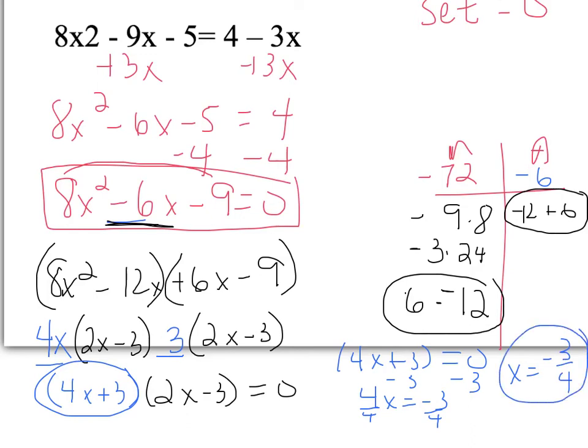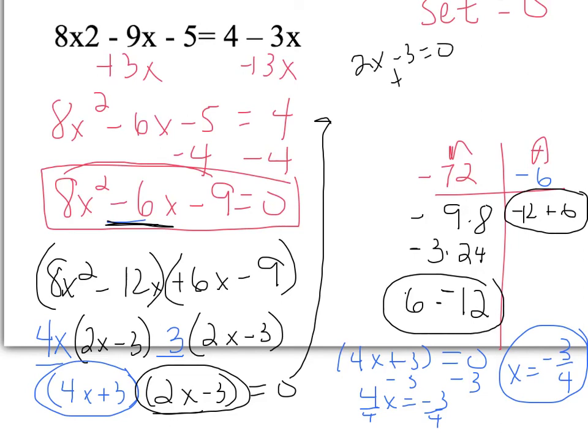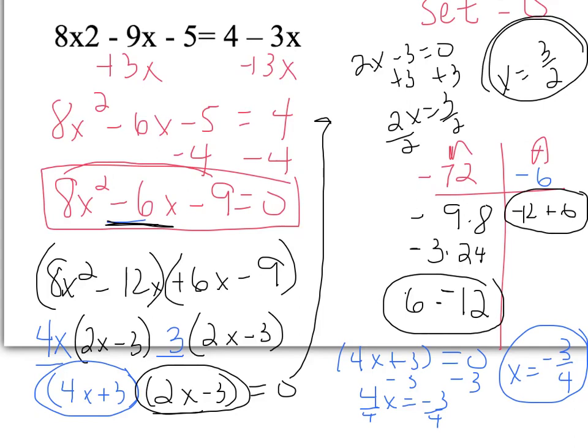And then the other part here is going to be equal to 0. Sorry, I'm running out of room. So here I have 2x minus 3 is equal to 0. So now I have 2x is equal to 3, and x is equal to 3 over 2. Okay, so there are two answers here. x is equal to 3 over 2, and x is equal to negative 3/4.